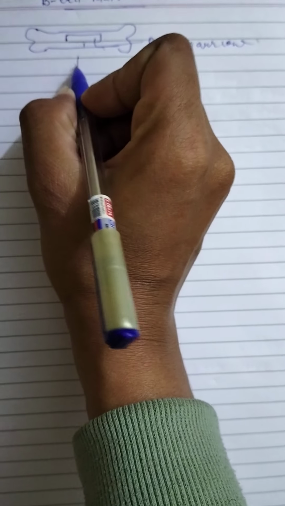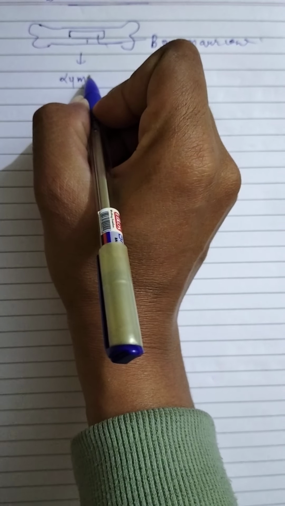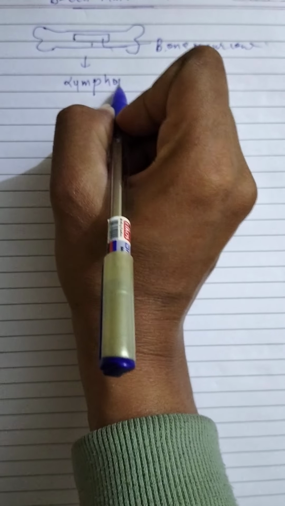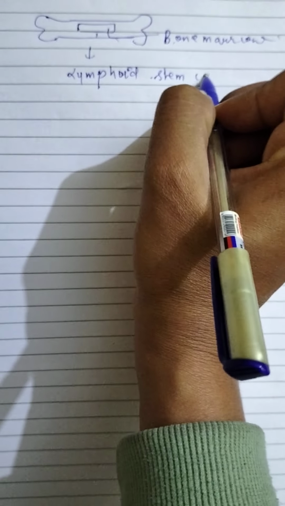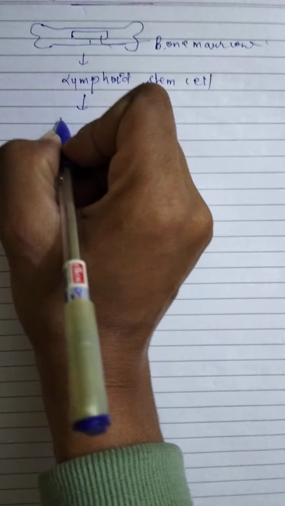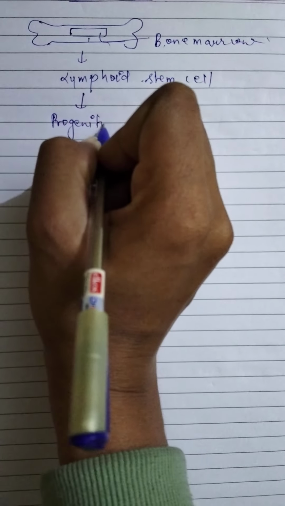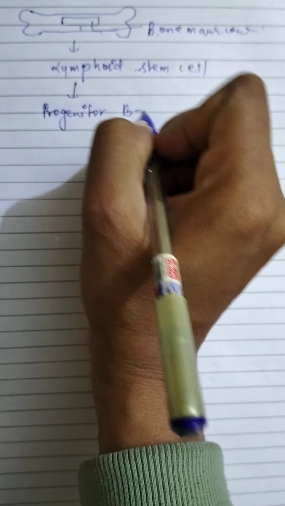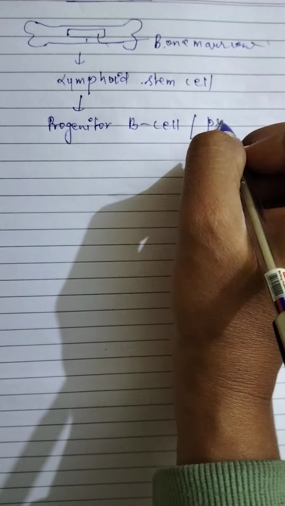So in bone marrow, lymphoid stem cells differentiate first of all into precursor B cells, which you can say pro-B cells.